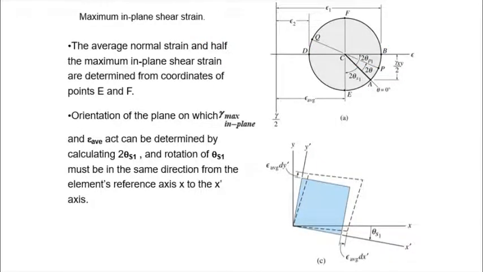The maximum in-plane shear strain is given by the radius itself, and the location is given by point E. So we can find 2 theta S from A. So we have 2 theta S going clockwise. So in the real world, it is just theta S clockwise. And from that, we can get our undeformed square or rectangle for our strain element.